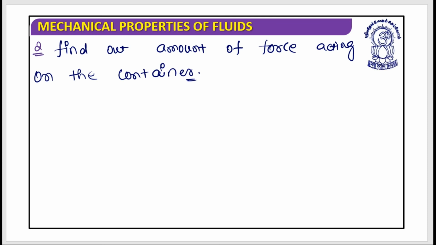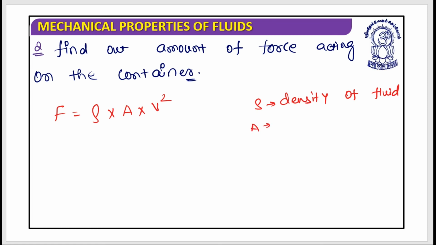So what I understand is that this force will be equal to rho into A into V square, where rho is the density of fluid, A is the cross sectional area of the hole, and V is the velocity of fluid.